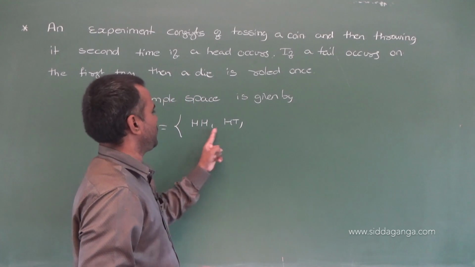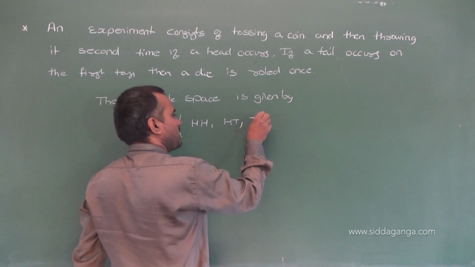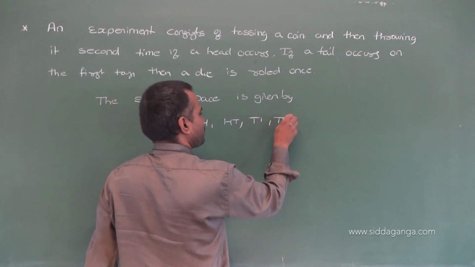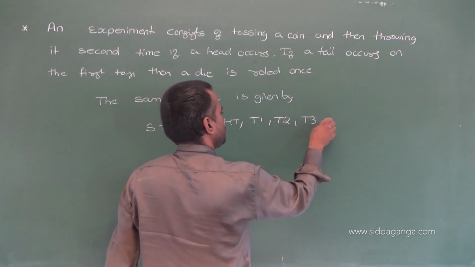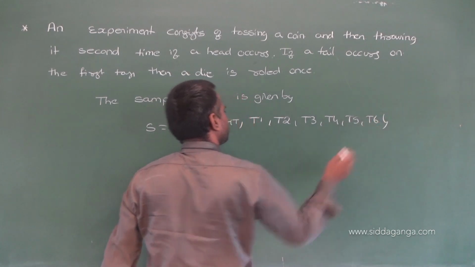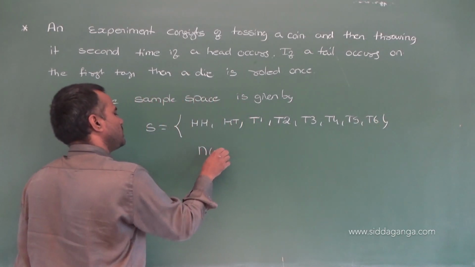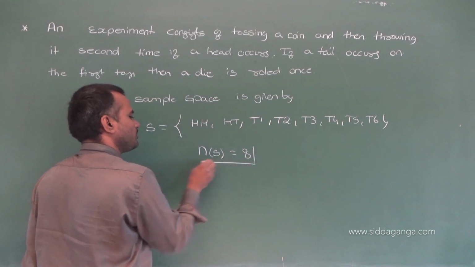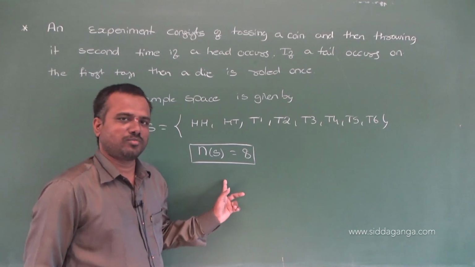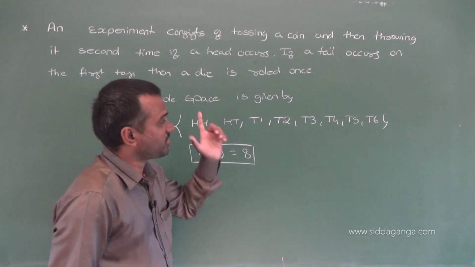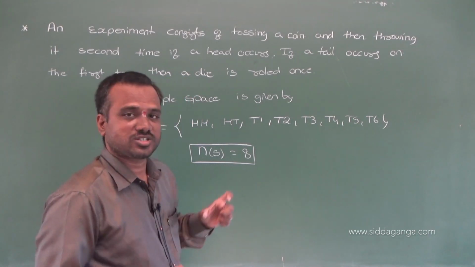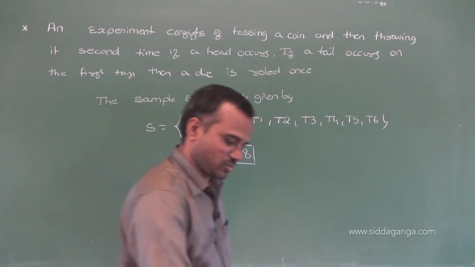The possible outcomes are only head, tail. In the first place if a head occurs, once again we toss the coin: head, tail. If in the first place a tail occurs, throwing a die, what are the outcomes? T1, T2, T3, T4, T5, T6. Then n(S) is equal to how much? It is 8. The total number of sample points in the given experiment is 8. I think you understand how to write the sample space. Next one.